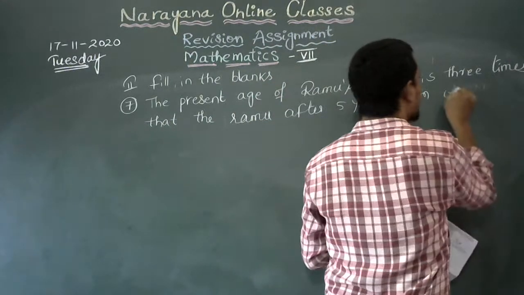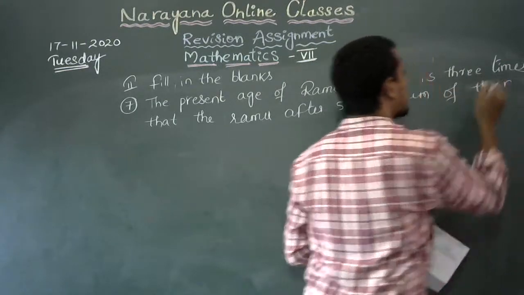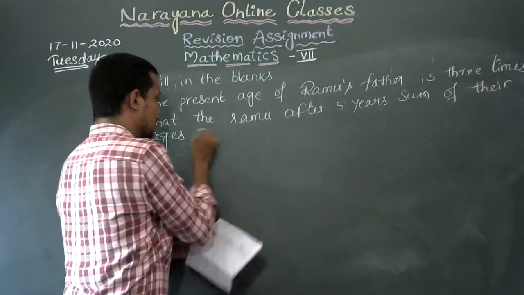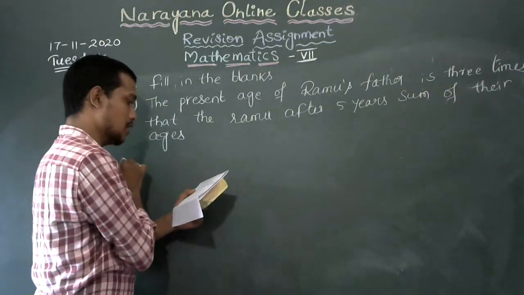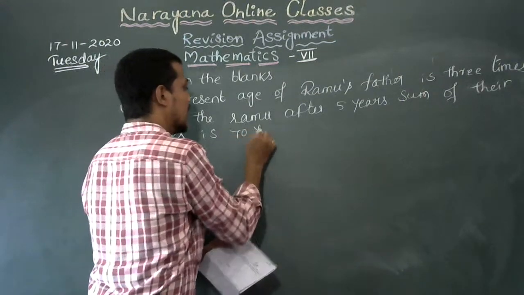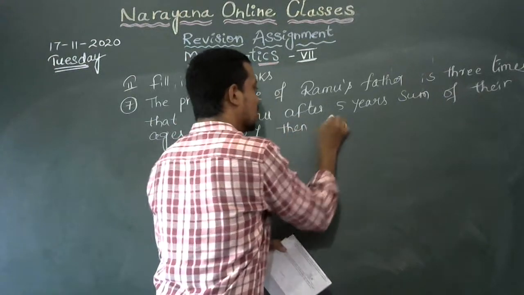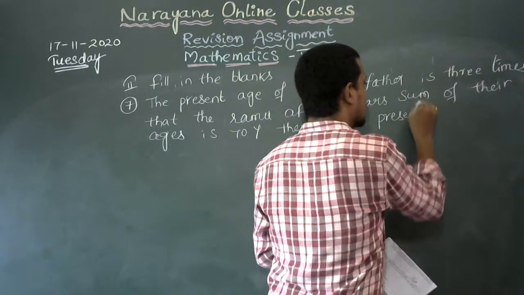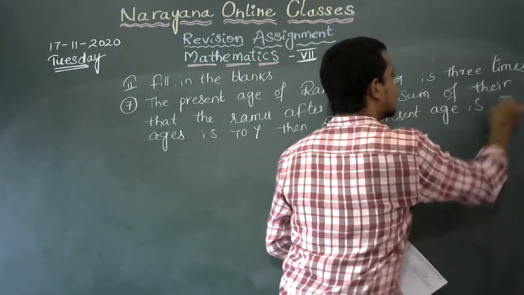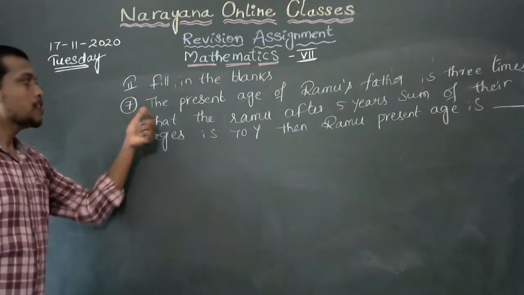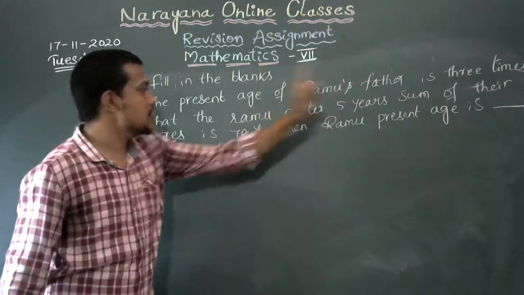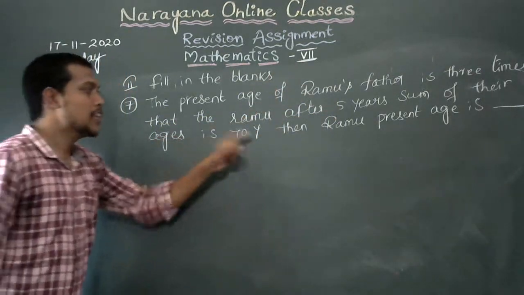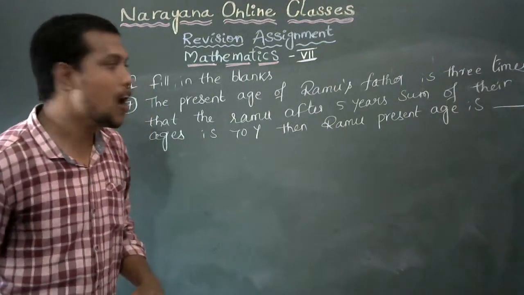Sum of their ages is 70 years. Then Ramu present age is dash. Okay. So the present age of Ramu's father is 3 times the Ramu's after 5 years. Sum of their age is 70 years. Then the present age of Ramu.